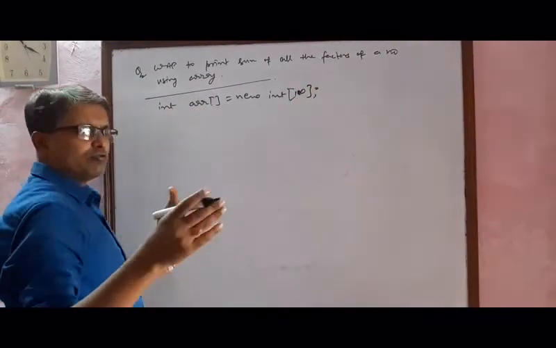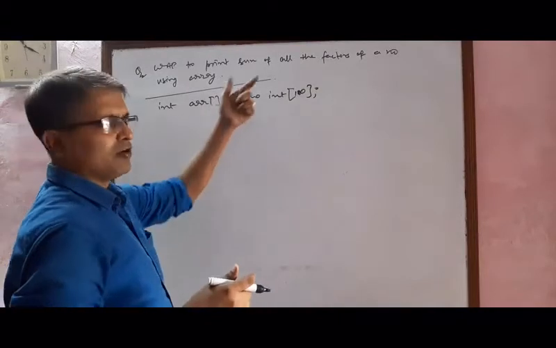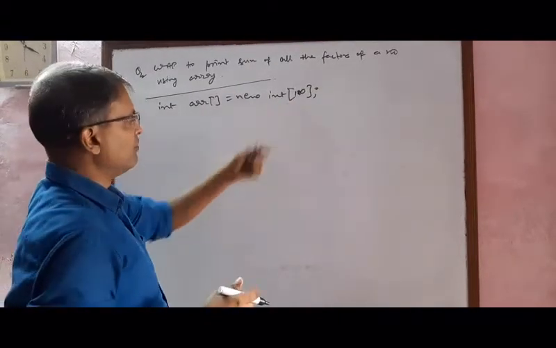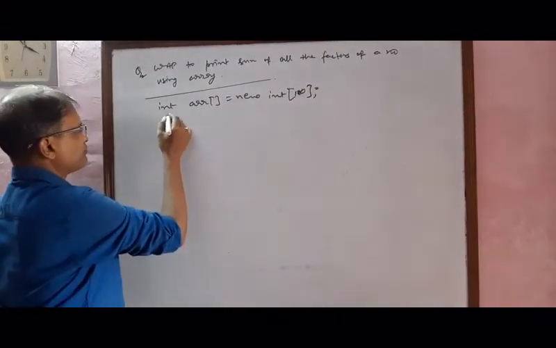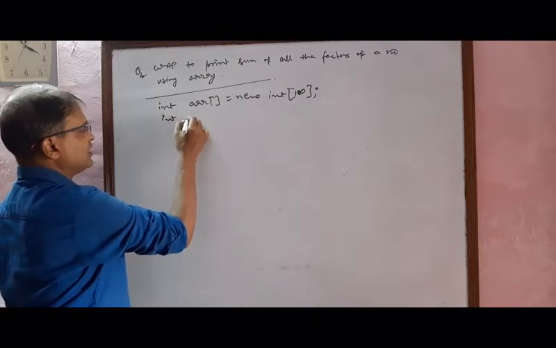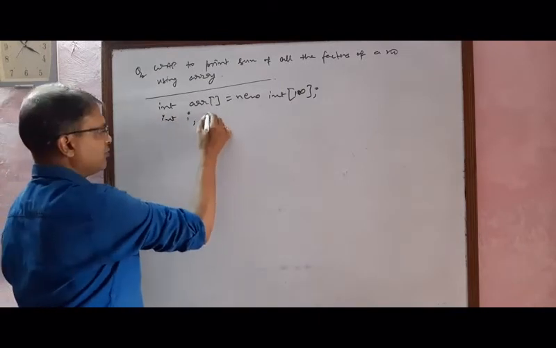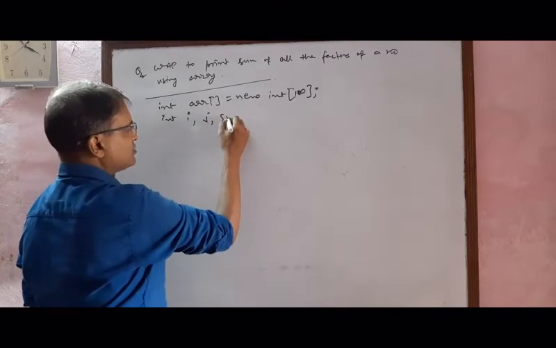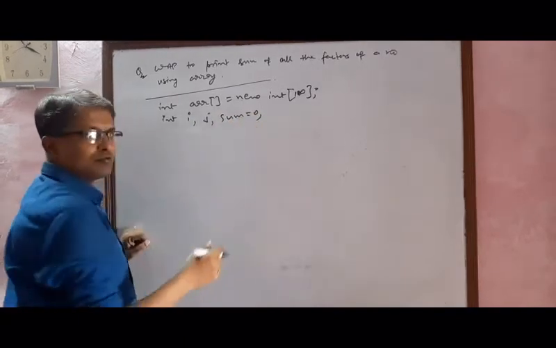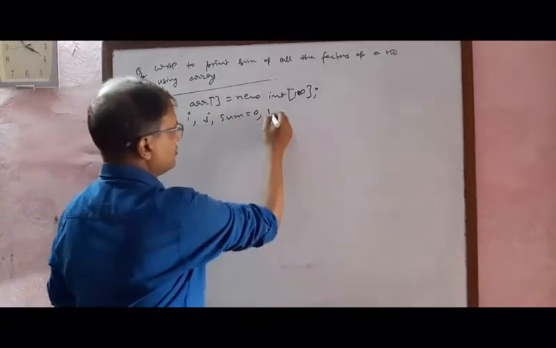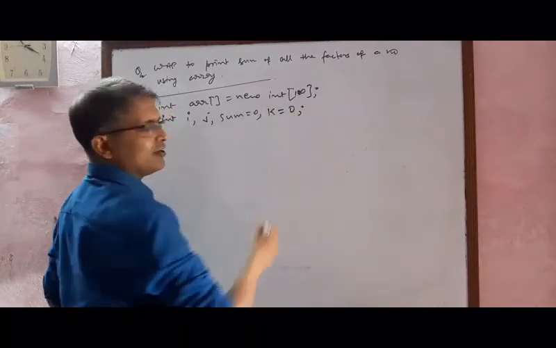I am not going to find the sum of factors above 100, so maximum size 100. Now declare some variables: i for the number, j for the factor, sum equal to 0 as we have to find the sum, and then one for the indexing, k equal to 0.